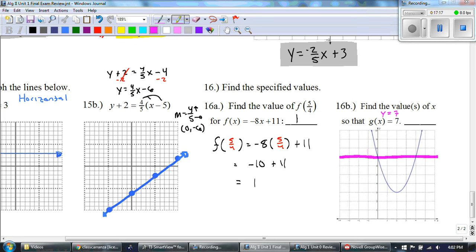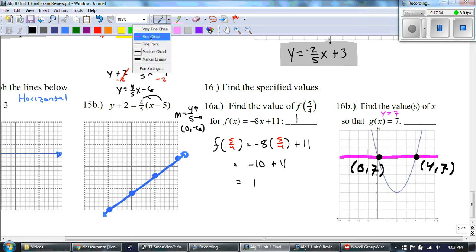It's getting late. I'm tired. I apologize. And then I need to find our x values. So what are those 2 points? Well, that's the point 0, 7 and 4, 7. So my x values are 0 and 4.